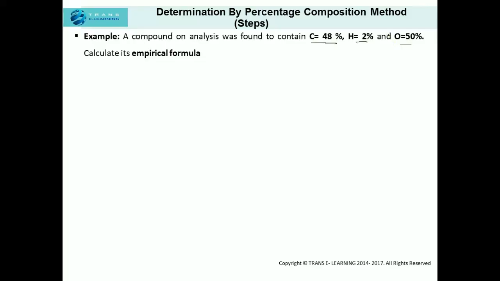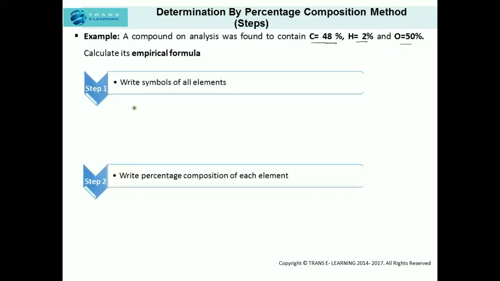So here are the steps. The first step is to write the symbols of all elements. In this example, we have three elements, that is carbon, hydrogen, and oxygen, and their symbols are C for carbon, H for hydrogen, and O for oxygen. Now the second step, write the percentage composition of each element.